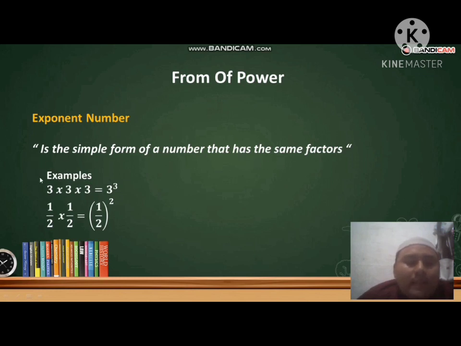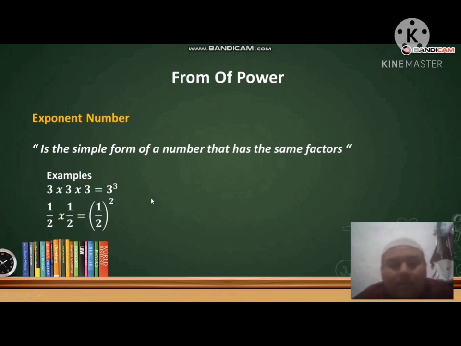Examples of exponent numbers are 3 times 3 times 3 equals 3 cubed, and 1/2 times 1/2 equals (1/2) to the power of 2.